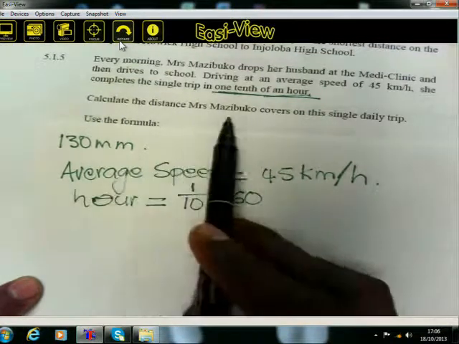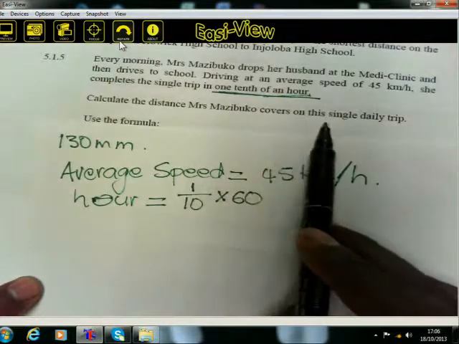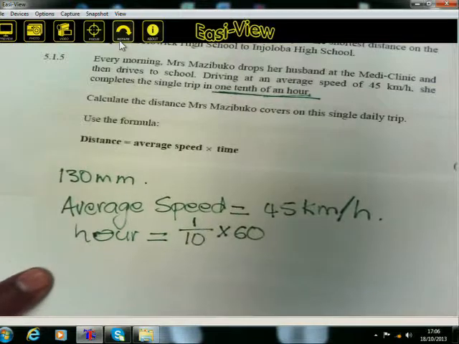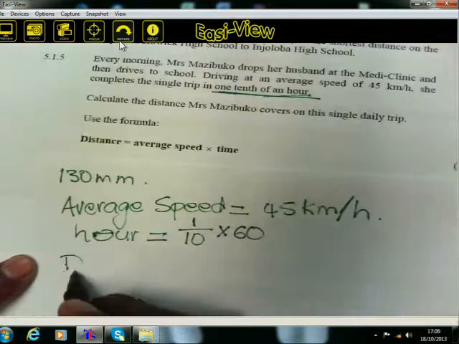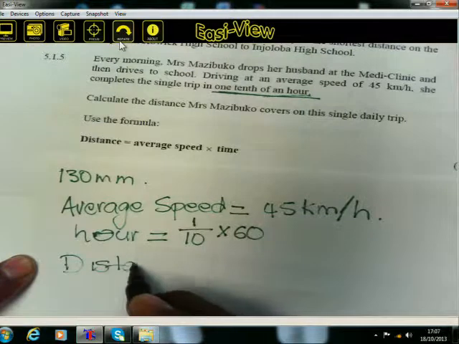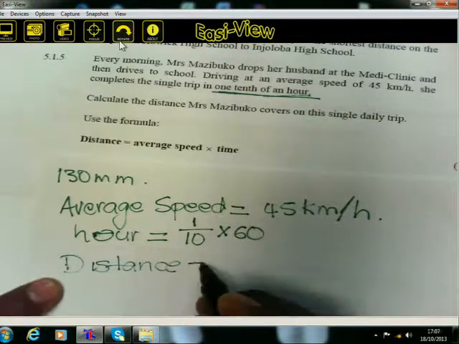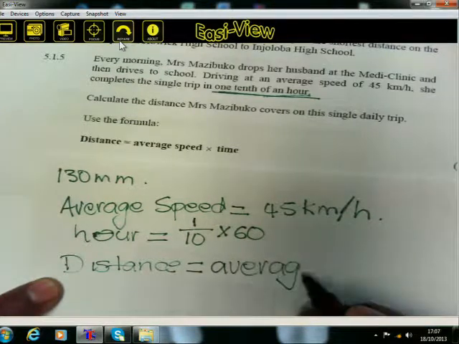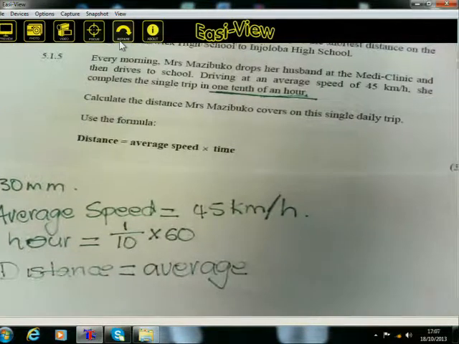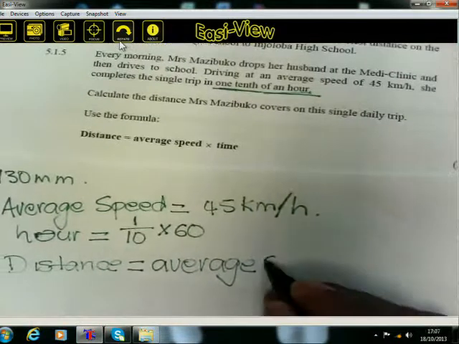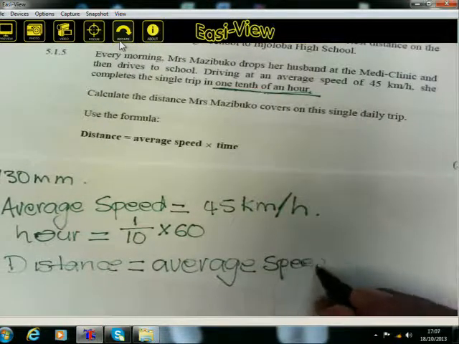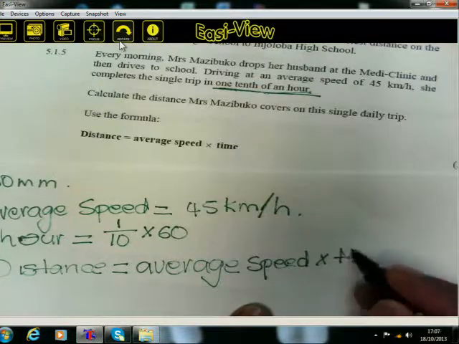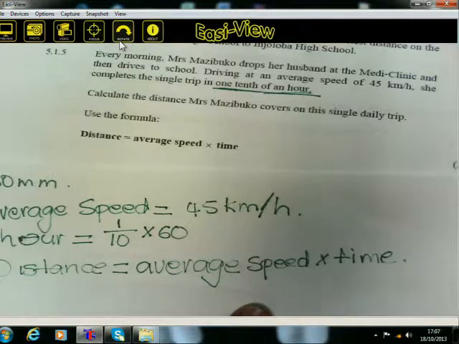Calculate the distance Miss Mazibuko covers on this daily trip. The distance equals average speed times time.